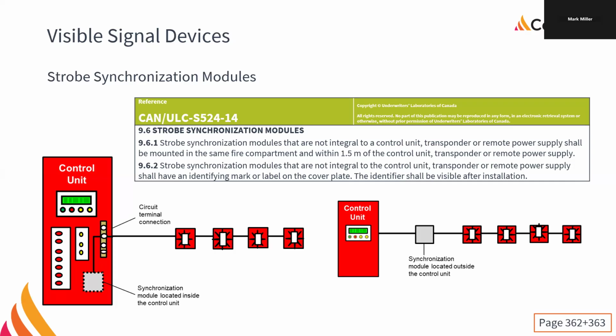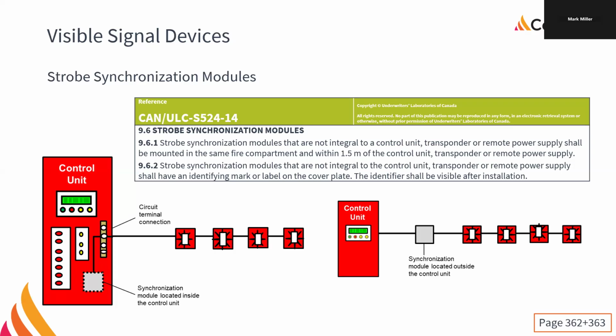So synchronization is crucially important, and that's where I see Edwards really struggle in large open areas. When you can stand in one spot and you can see like 25 strobes down the line, yeah, they are not in sync. It's always a struggle. But I've seen Mircom systems and Notifier systems and Simplex systems in similar applications all blinking at the same rate.